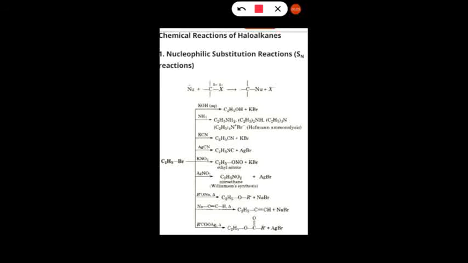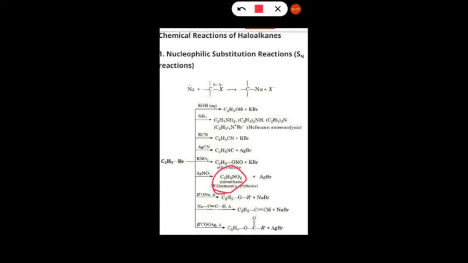In the same way, when it reacts with AgNO2, there is a formation of nitroethane, or nitroalkane.